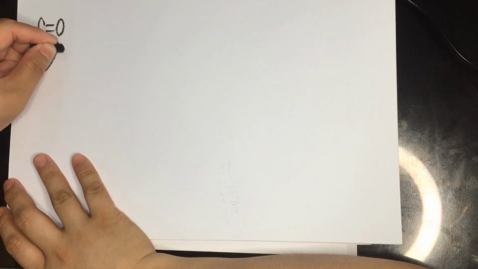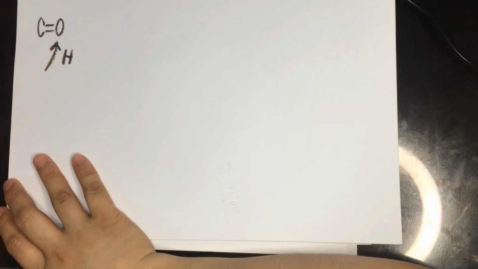What about if we have a ketone? For a ketone, we have here the C double bond O. Upon the addition of hydrogen, what happened? Since oxygen is highly electronegative, it will still bond with our hydrogen, forming carbon, single bond, oxygen, single bond, hydrogen.